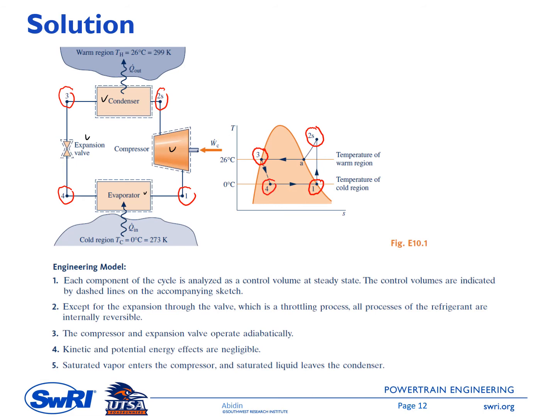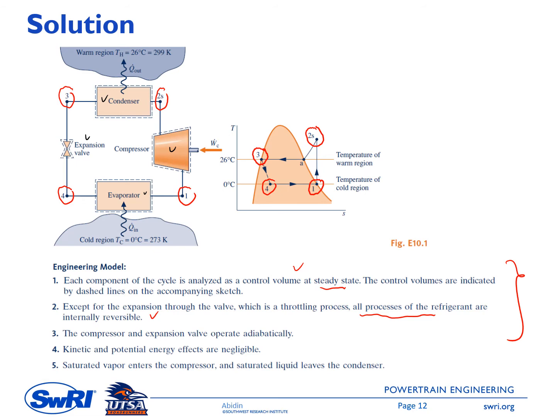Okay, and then this is the list of the engineering model. In the exam I suggest you put these assumptions or engineering model. The first one is that each component is a control volume, so it's an open system at steady state. Except for the expansion through the valve, which is a throttling process and is an irreversible process, all processes of the refrigerant are internally reversible.